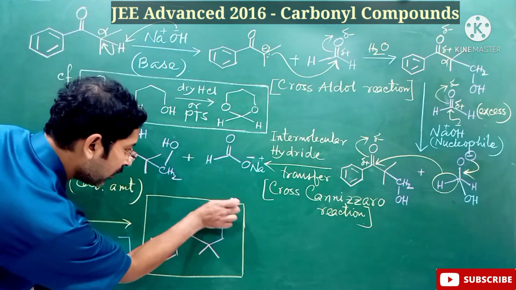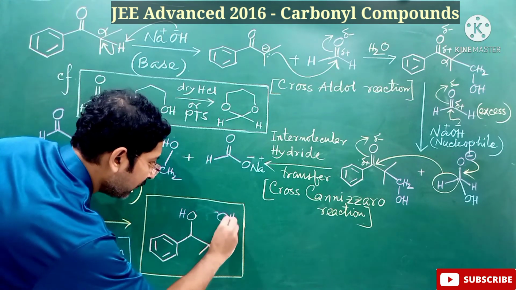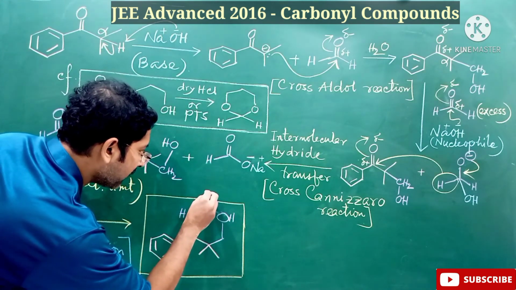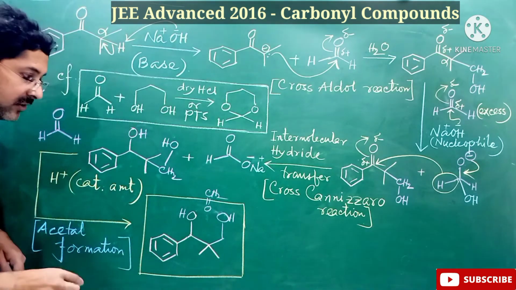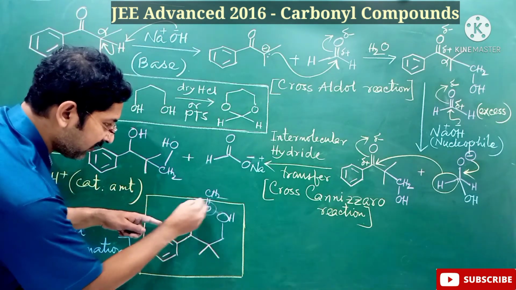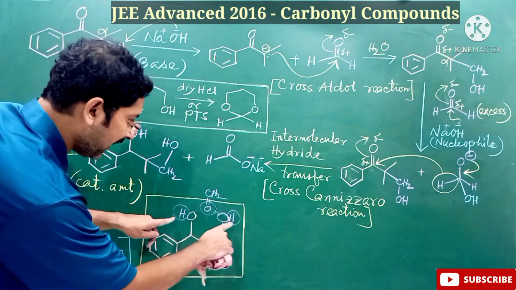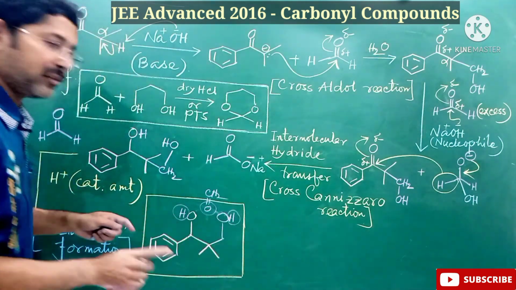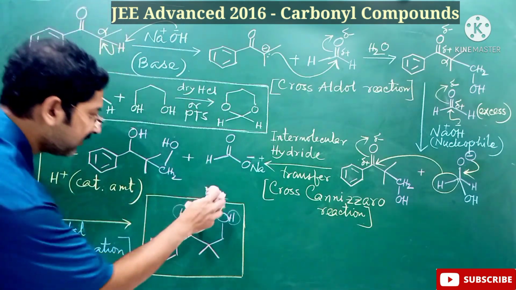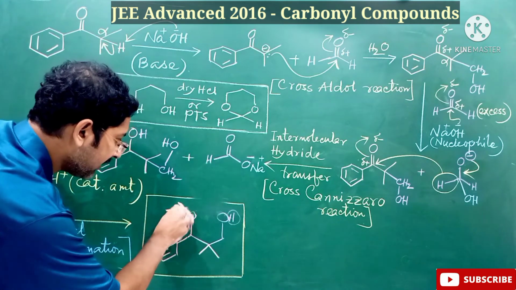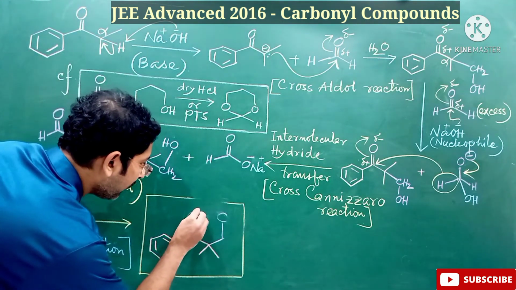Look, say this one was OH, this one is OH, and this is your formaldehyde. This is CH2 double bond O, right? So this oxygen and two hydrogen atoms, that is water molecule, will get expelled out from the system, and you will get this one oxygen.